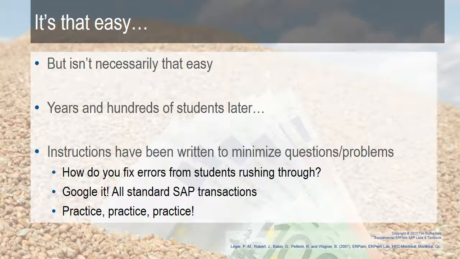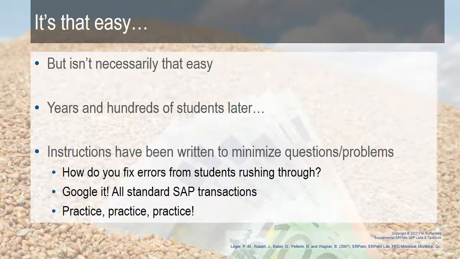So how do you fix errors from students rushing through it? You never really know. But keep in mind you're using standard SAP transactions. This is not customized transactions. So ME21N is a standard SAP transaction. If someone's having a problem with it, Google it. In addition, practice, practice, practice.